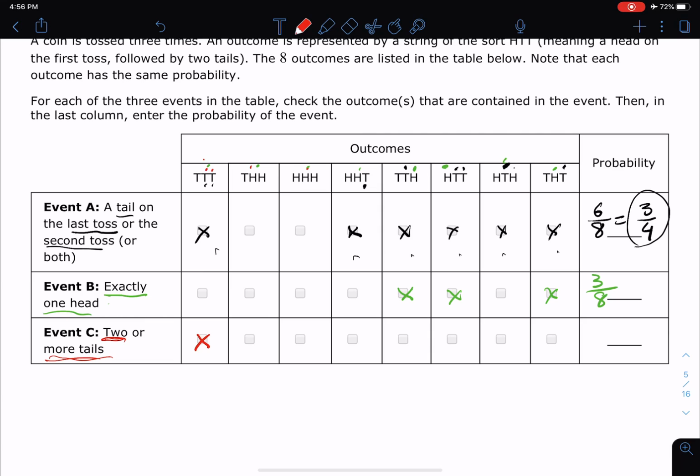That's all heads, no tails. But now I see 2 tails, so that works. 2 or more tails. I see 1 tail, so that does not work. So it looks like we have 1, 2, 3, 4. That's 4 out of 8, which of course reduces down to half.